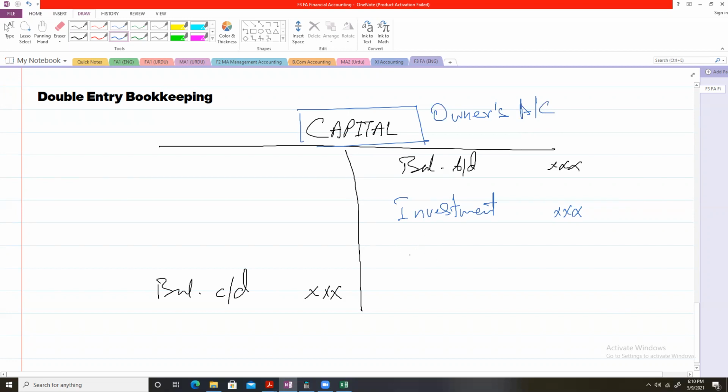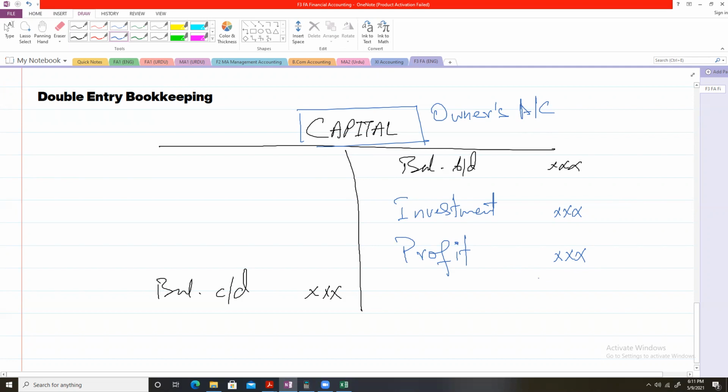So when a business makes a profit, at the end of the accounting period we credit the capital account with the profit made by the business. So profit eventually appears on the credit side of the capital account.